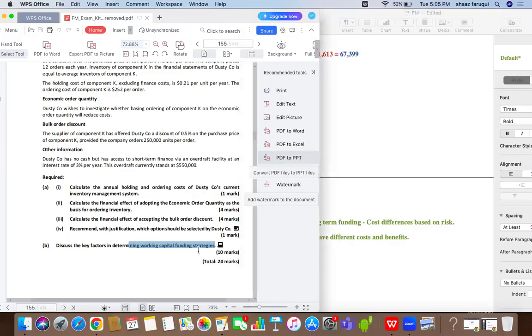Ignore the difference between strategy and policy. The question is crystal clear. With respect to funding working capital, what factors must I keep in mind? Simple, very easy.